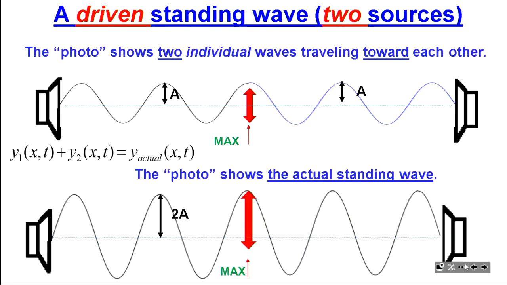One, which doesn't depend on time. Second, which doesn't depend on position. So right here, right now, the intensity is zero, but it will be zero forever, always. There is nothing here, because individual wave number one and individual wave number two will be canceling out each other.